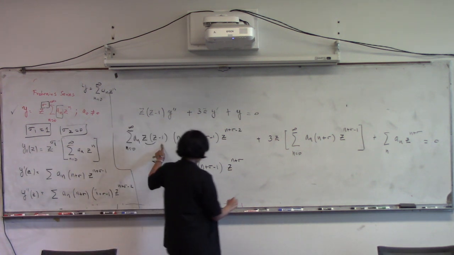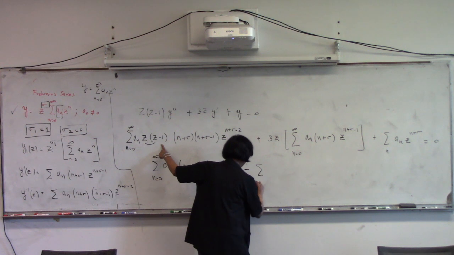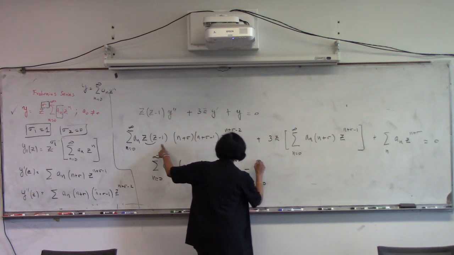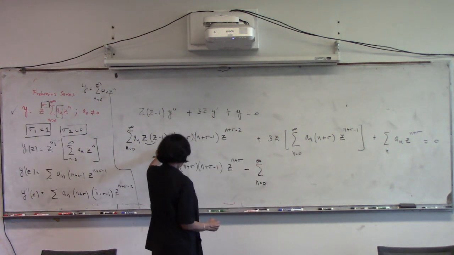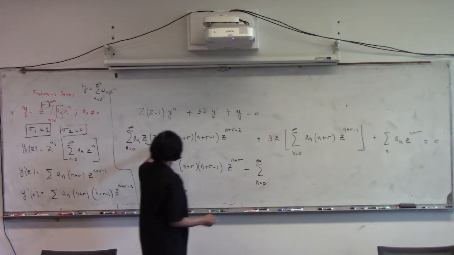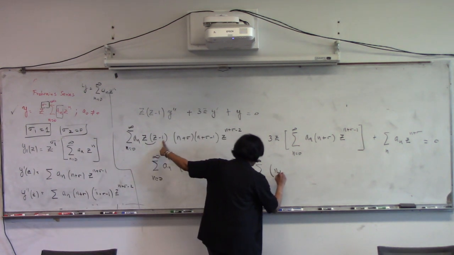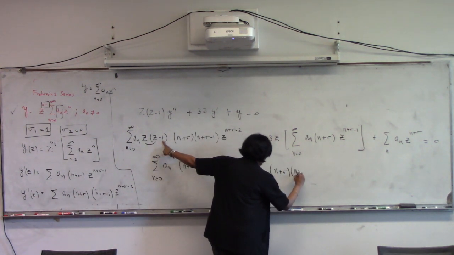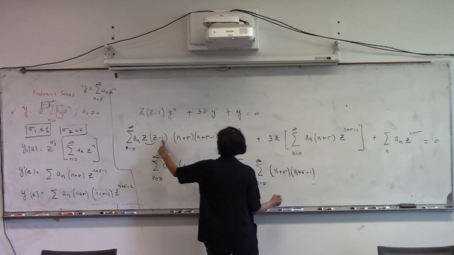And I have another term here which is minus, n going from 0 to infinity, of the z term, a sub n, n plus sigma times n plus sigma minus 1.